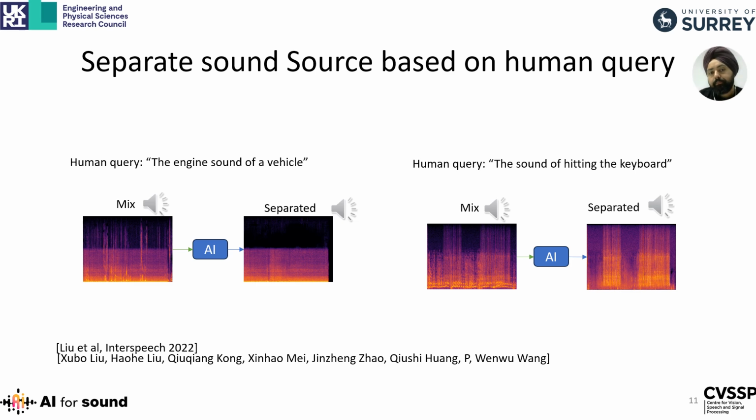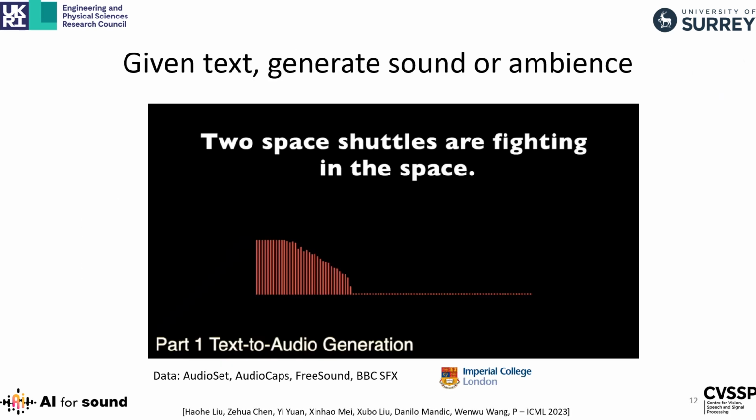So this is how a model can be used in this application as well. And from the generative AI perspective, one can generate a set of data with these AI models. Given a text, a model can generate sound or ambience. Let's see some examples. Here the text query is: two space shuttles are fighting in space.